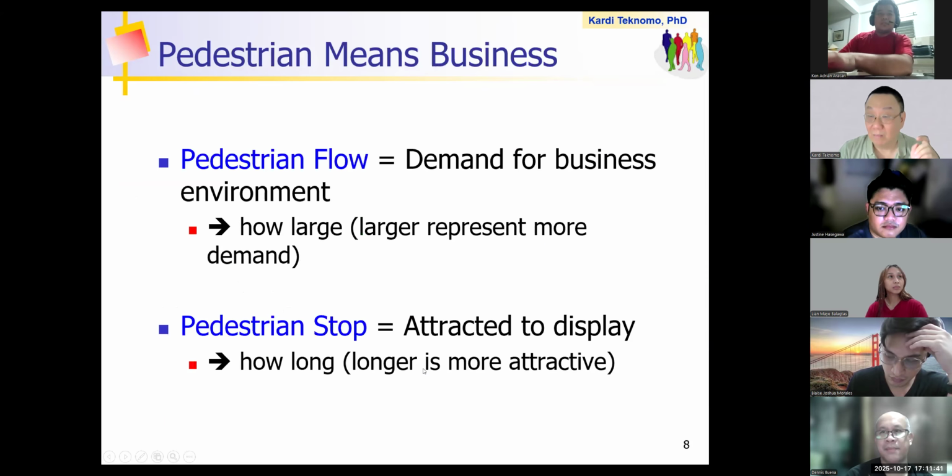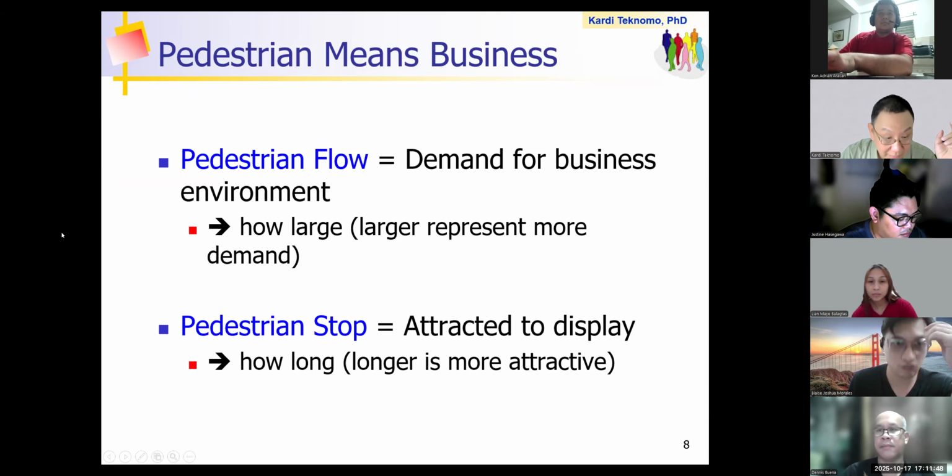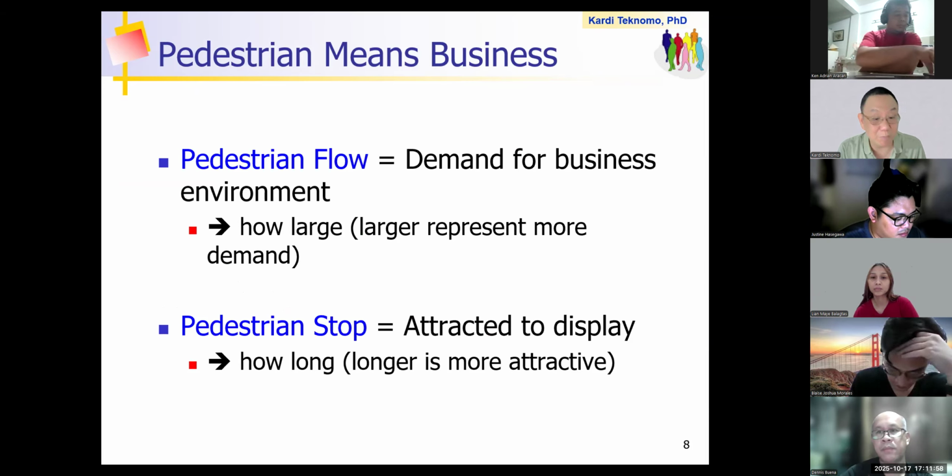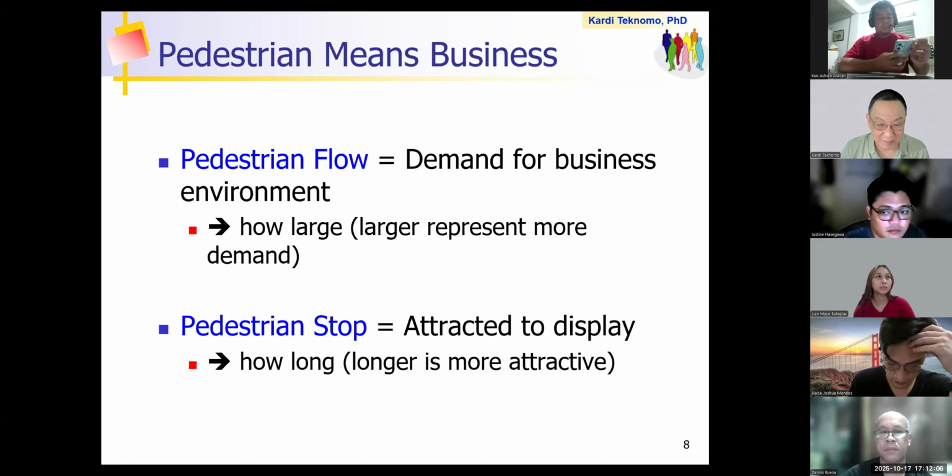Okay, so look at this. In the 1960s, some of you may have heard, long time ago, parking meant business because providing parking space will attract more people to come to the shop. That's why business people were making a lot of parking lots.